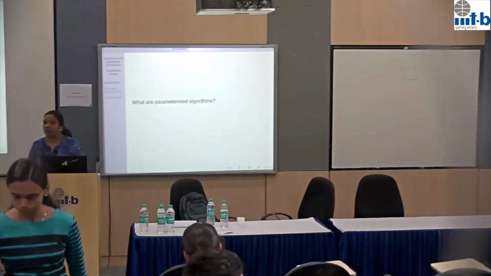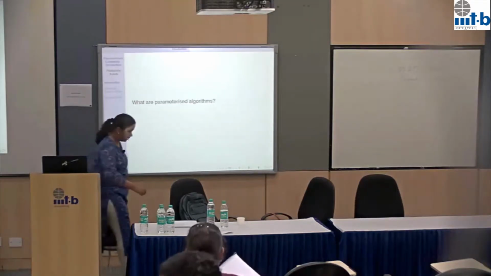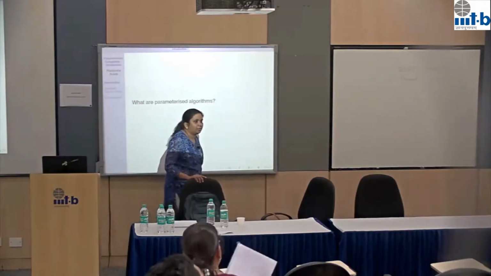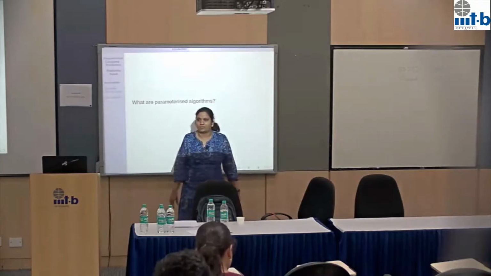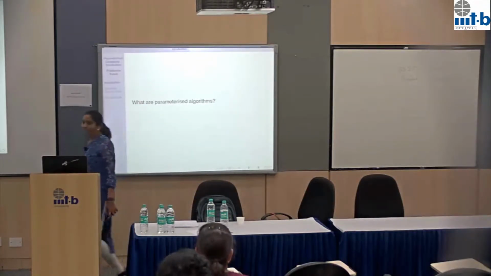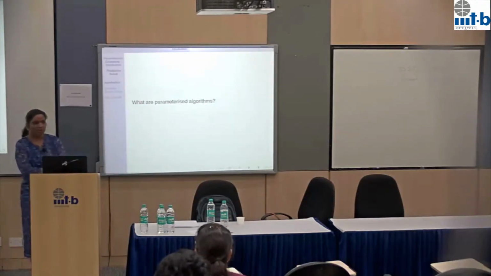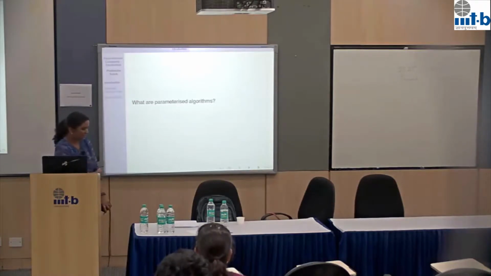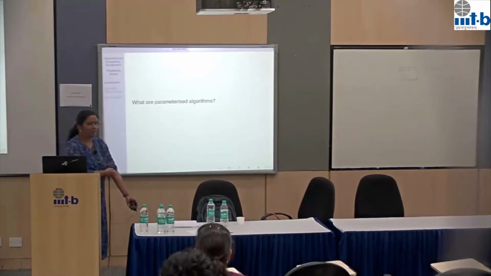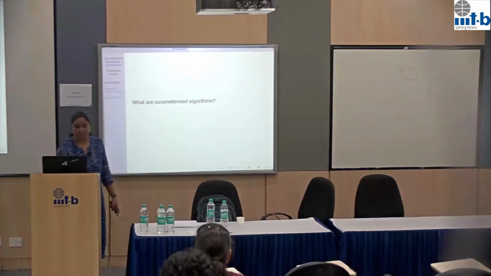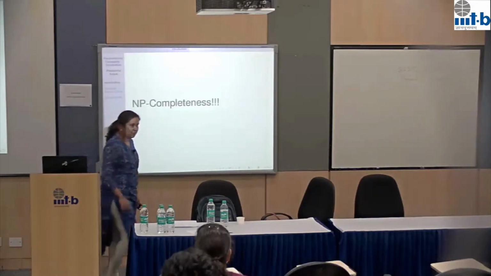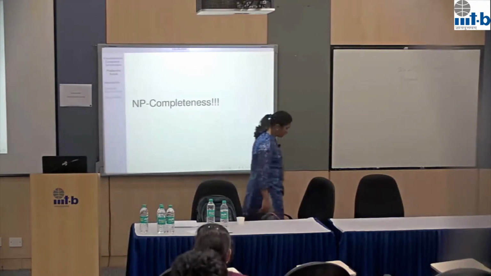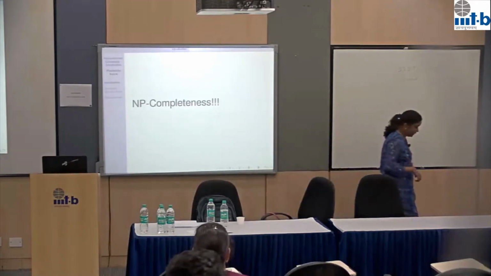Okay. So let's start with the motivation for parameterized algorithms. It's the most well used, and in some sense sometimes dreaded, word in the world of algorithm design: NP completeness. So this is the motivation.